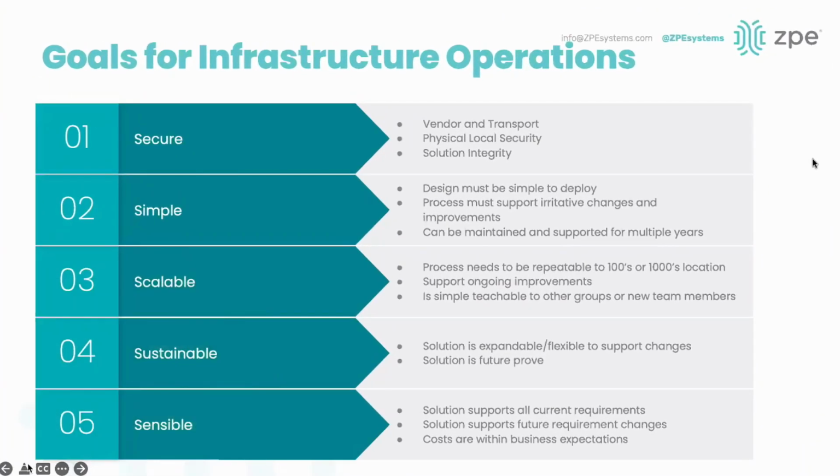So ultimately, what is the goal around infrastructure operations? What are enterprises really looking for, and hopefully we can answer those for enterprise customers. So for one, from an operational perspective, it needs to be secure. It starts off with what vendors are you using?